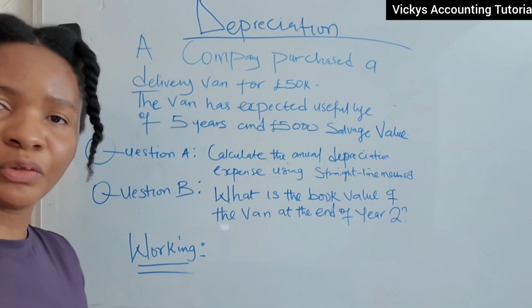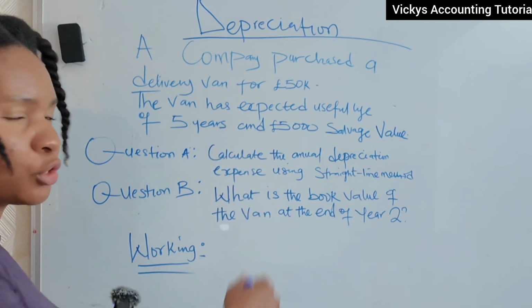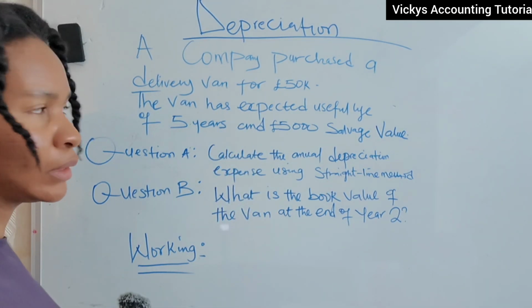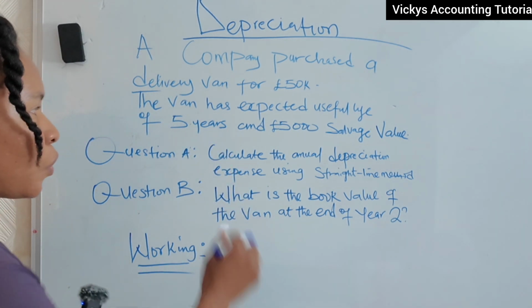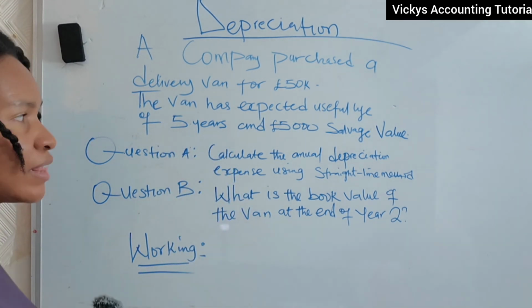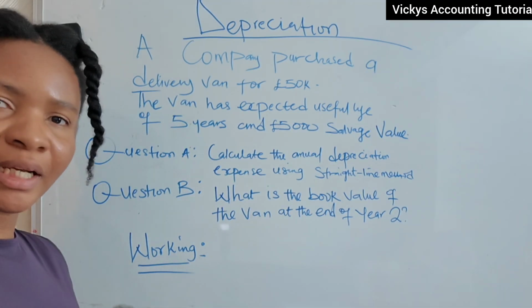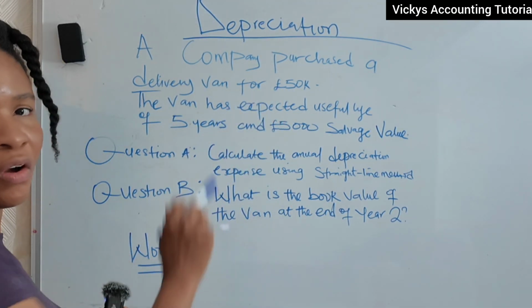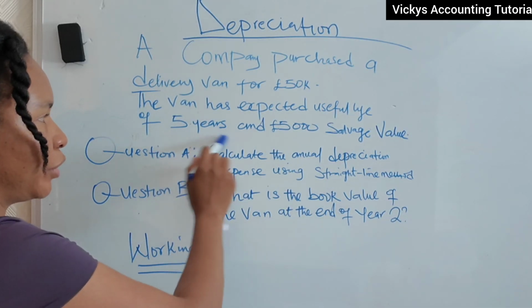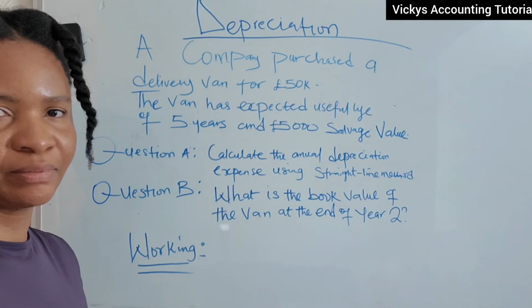What do I mean by future economic benefit? Future income. So it's expected to be used over a 5 year period, and over this period, this van will help to generate income. So it is right for us to allocate the cost of this asset over the period of 5 years.